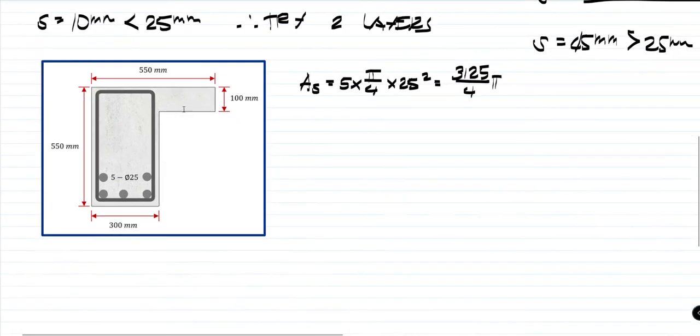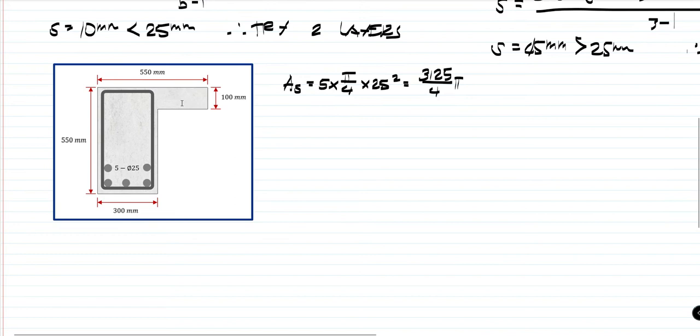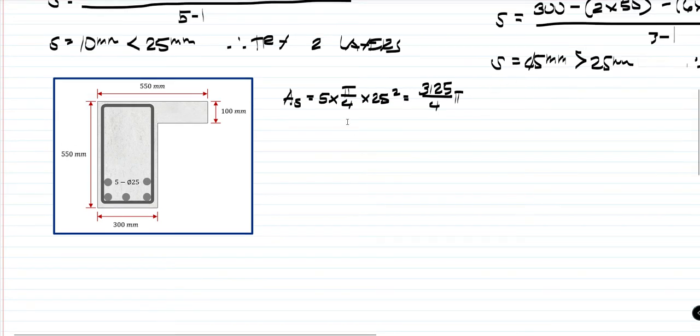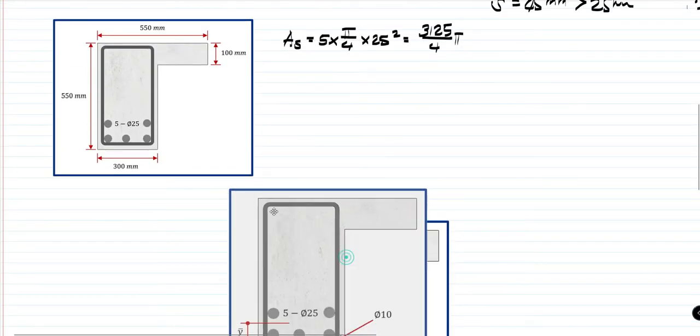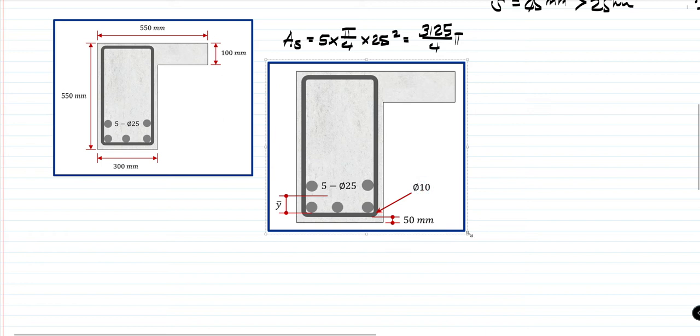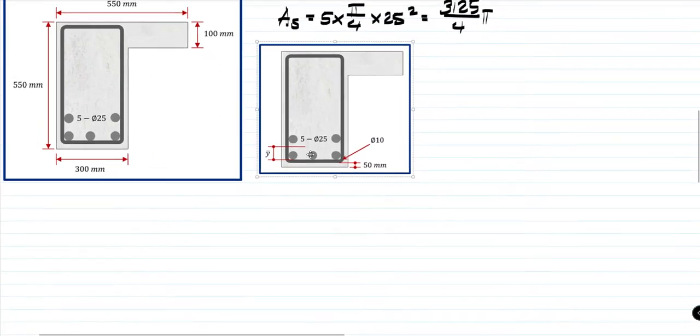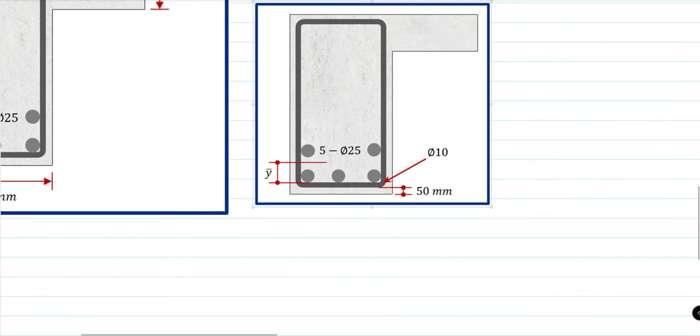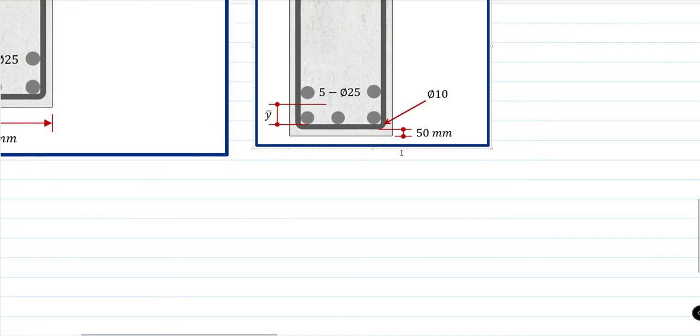So syempre, pupunta tayo on getting that centroid by using the Varignon's theorem. So syempre, kunin natin yung simple type lang nung beam natin or simple drawing. So here it is. So syempre, ang kukunin nating y bar from the given will be ito.